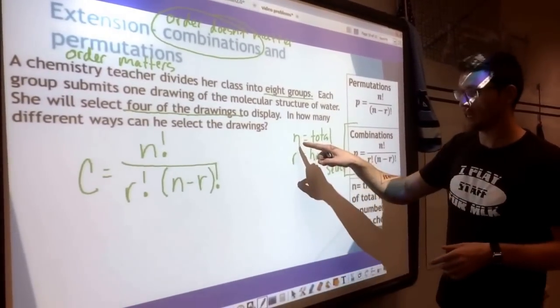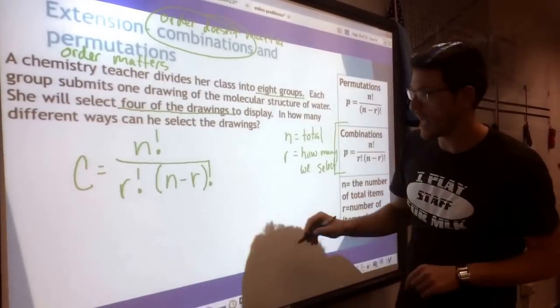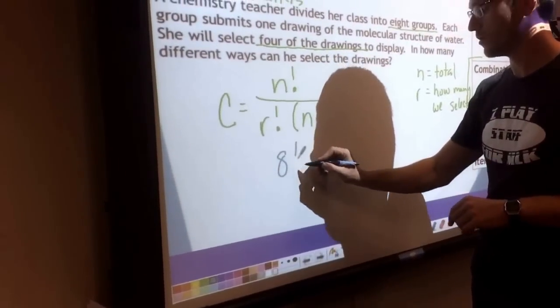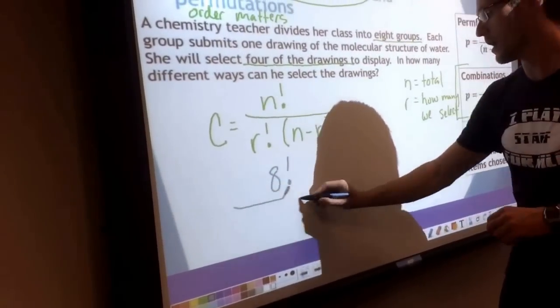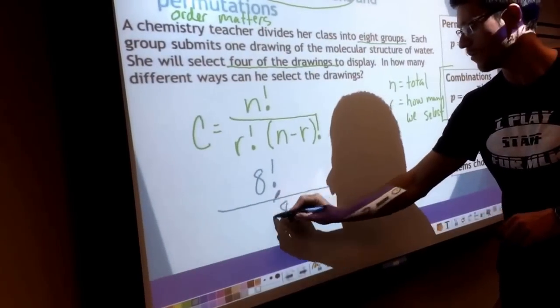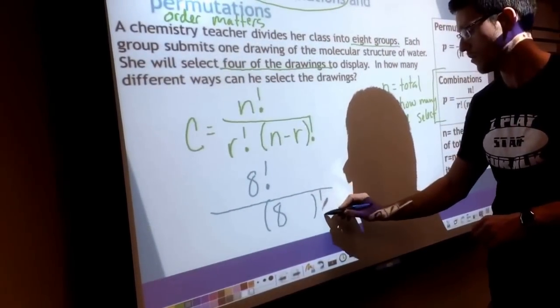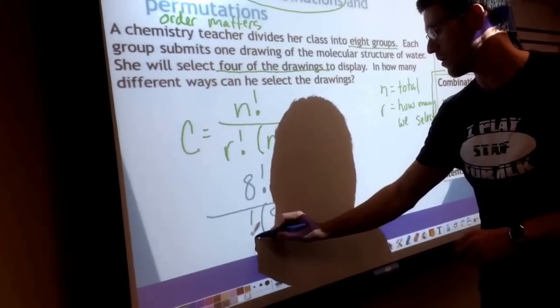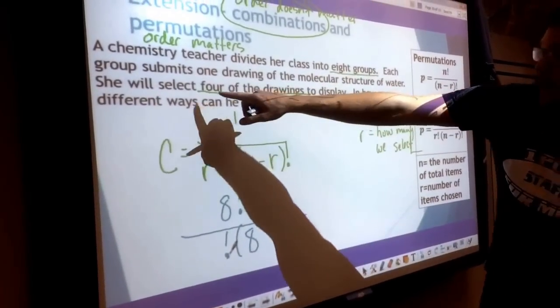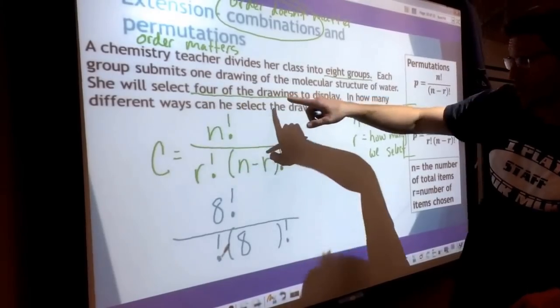Okay? And in this problem, the total number of groups is 8. So everywhere we see an n, we're going to replace it with an 8. Okay, so this is going to be 8 factorial. In the denominator, we have another n down here, so that's going to be 8. And then r is how many we select. And it says up here that she will select, it even uses the word, 4 of the drawings.